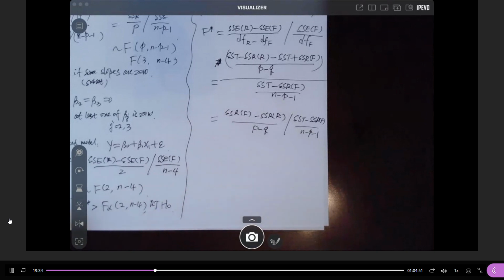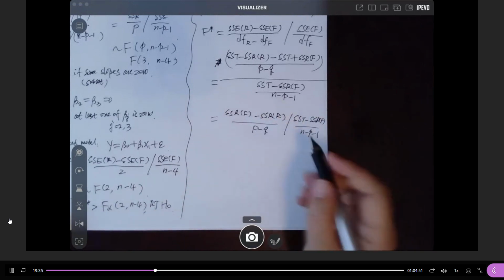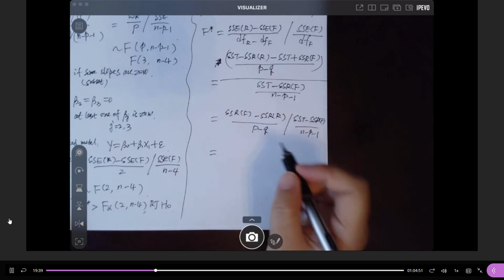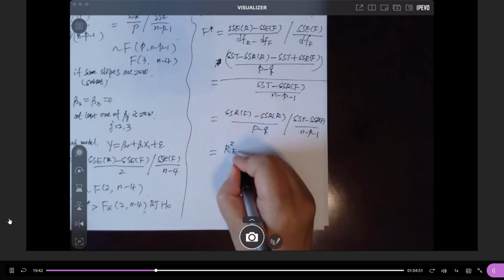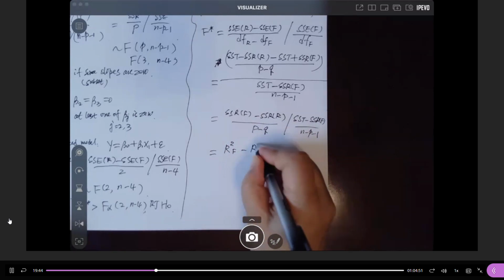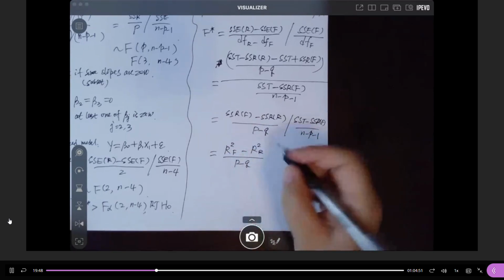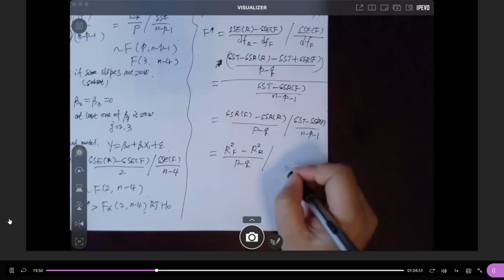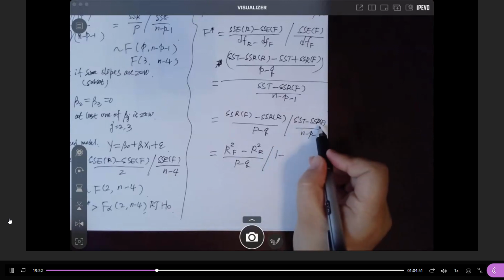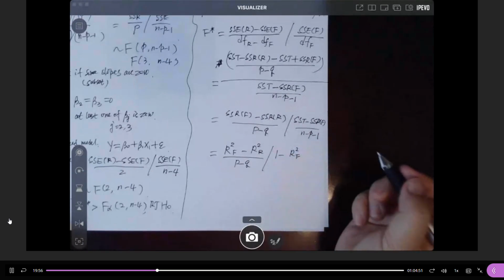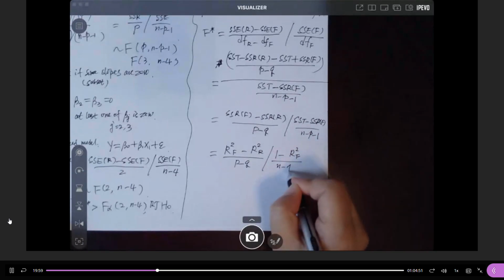Cancel the SST. Then you divide both by SST. What do you get? When you divide by SST, this becomes R squared for the full model minus R squared for the reduced model, over P minus Q. This is 1 minus R squared for the full model, over N minus P minus 1.